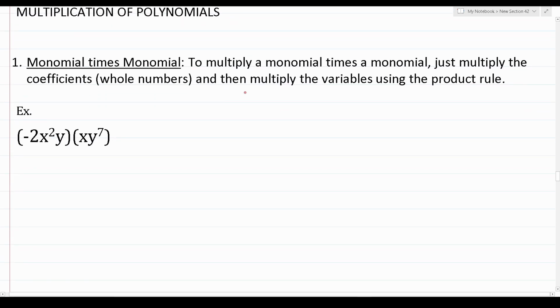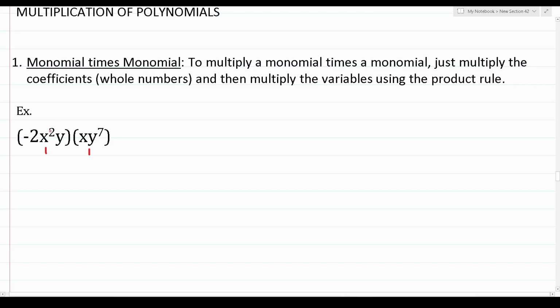To start, let's look at the most basic instance of that. Notably, let's look at what happens when we multiply a monomial times a monomial. And in case you forgot, a monomial is simply a polynomial that only has one term. If you look right here, this is one term and this is another term.